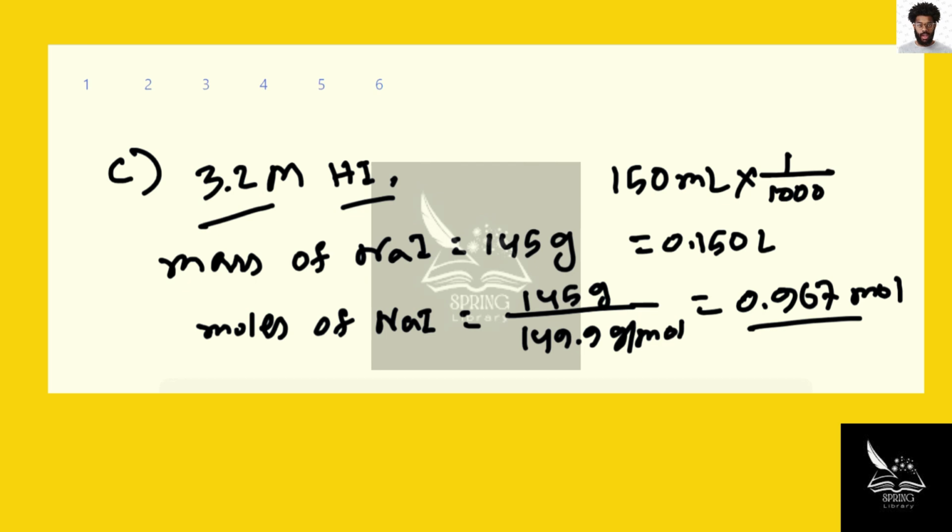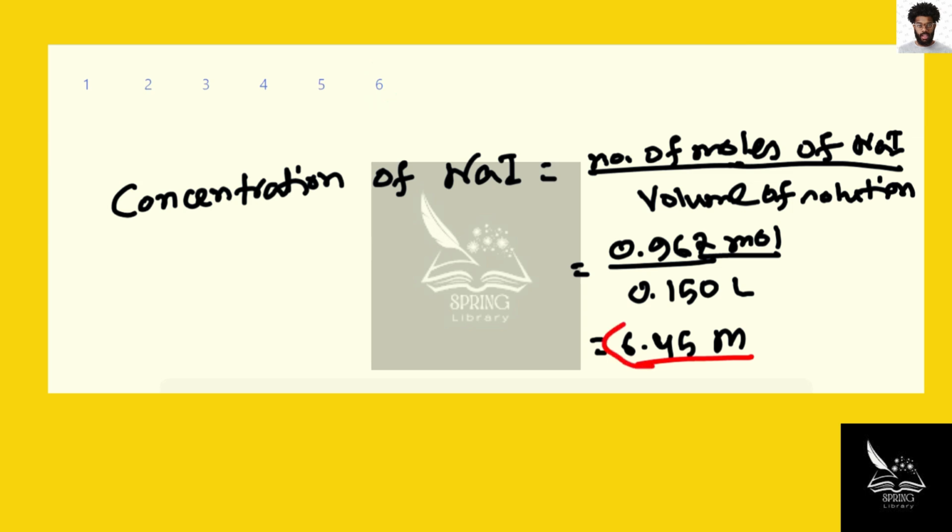Since from here we can easily see that 1 molar HI will give us 1 molar iodide, that means from 3.2 molar HI we will get 3.2 molar iodide. And from 6.45 molar NaI, which will also give us 6.45 molar iodide.